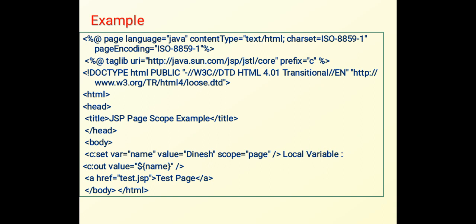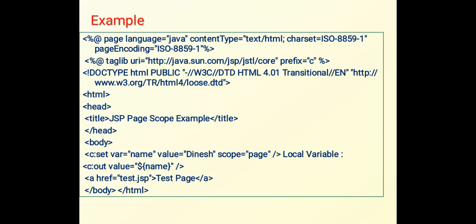As in this example, we have created a variable named name and assigned its value as Dinesh, and the scope of this variable is page. We are displaying it as value equals dollar name, and on the same page we have created a link named test.jsp.